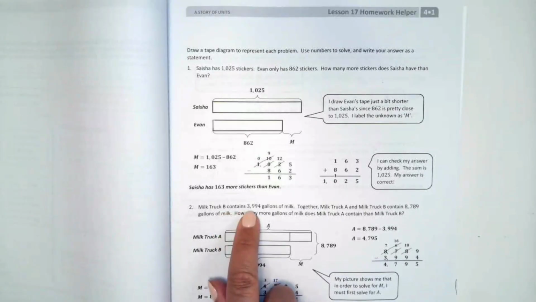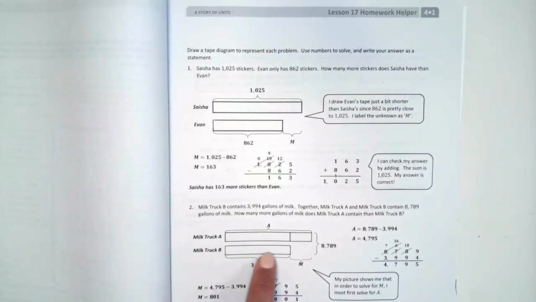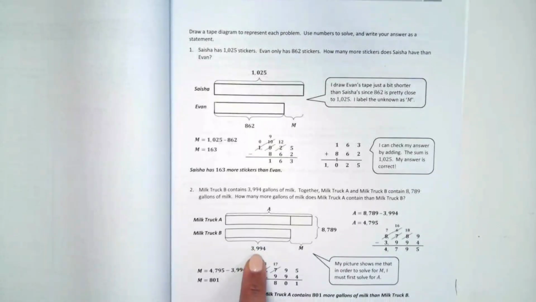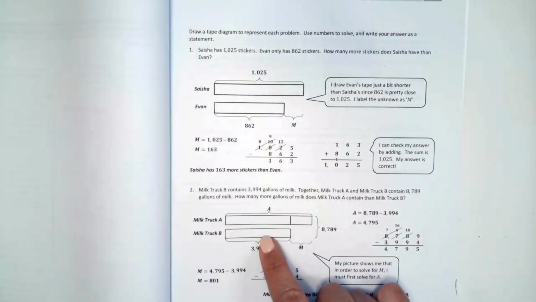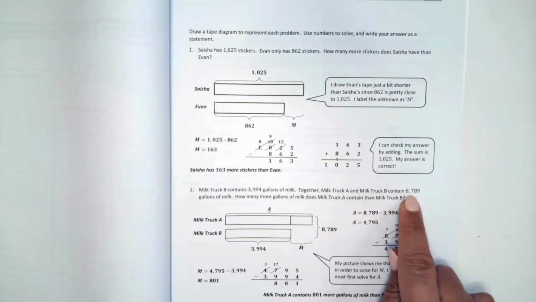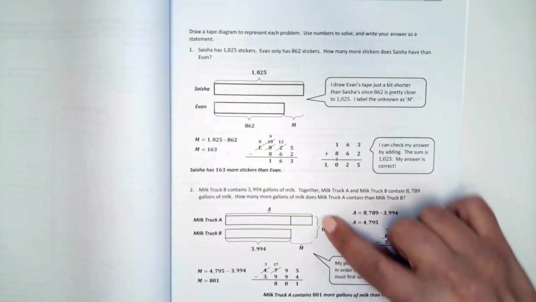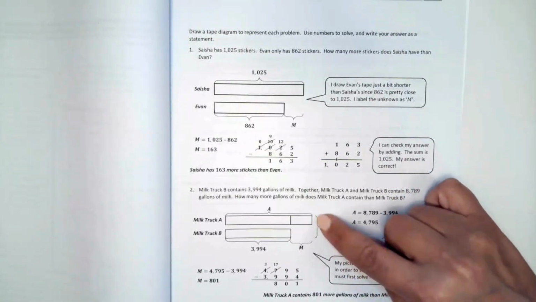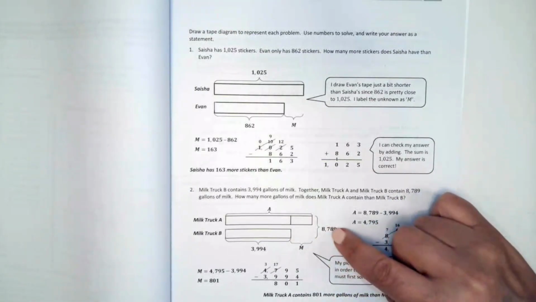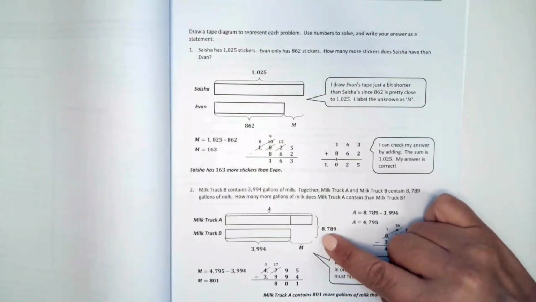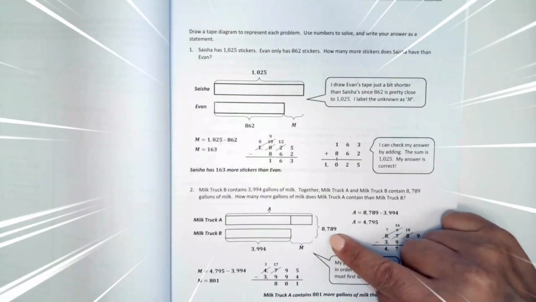Milk truck B has 3,994. Here's the tape for truck B, and it's labeled 3,994. If you put together milk truck A and milk truck B, that's 8,789. So on the side, they said combining these two together right here equals 8,789.